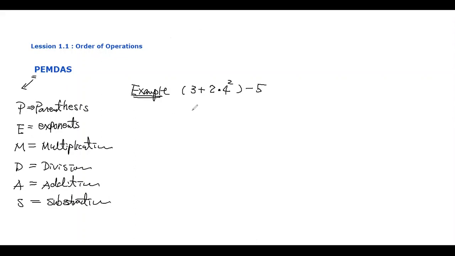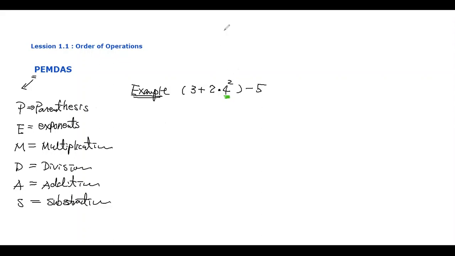Because the parentheses take the priority, we need to work inside the parentheses first. Inside the parentheses, 3 plus 2 times 4 squared, the next thing is that exponents take the priority, so we need to do the exponent.